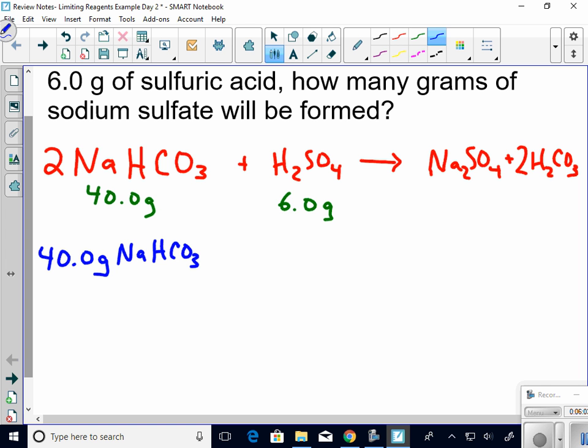I can start with sulfuric acid and go mass-to-mass to sodium bicarbonate. It does not matter which way I do it. So I'm going to make my big, long conversion box.